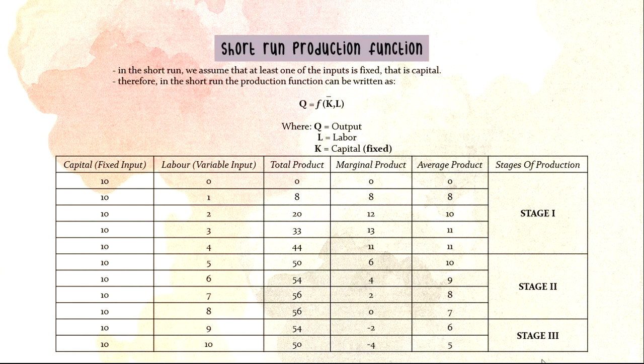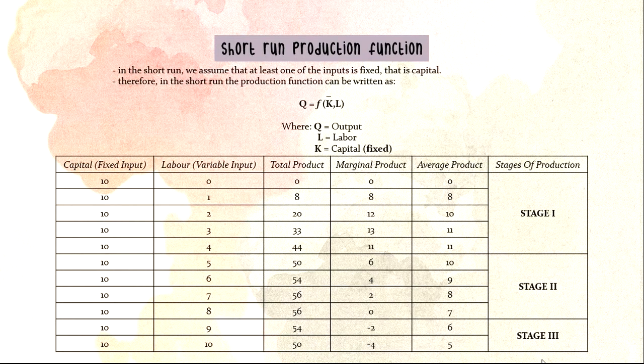For the stages of production, we want to see how efficient the company is. How do we divide the stages? Stage 1 is from 0 until marginal product meets average product, and we call it the intersection.